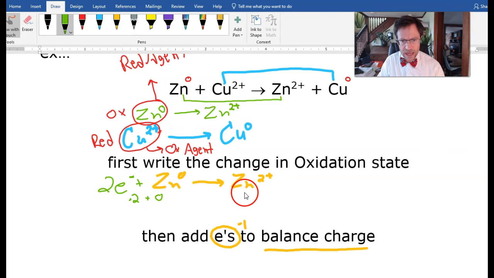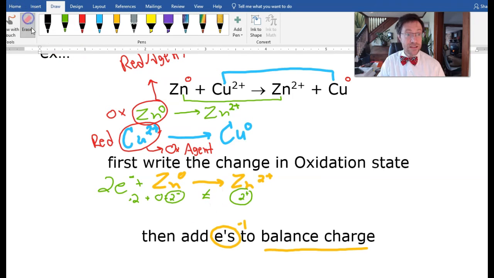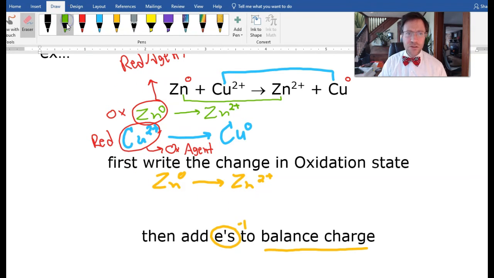Over here I have just 2+. So 2- and 2+ are not equal to each other. So this is not right. I am wrong, and that's how I can tell. You should never get half reactions incorrect because you can just add up the charges to find out.